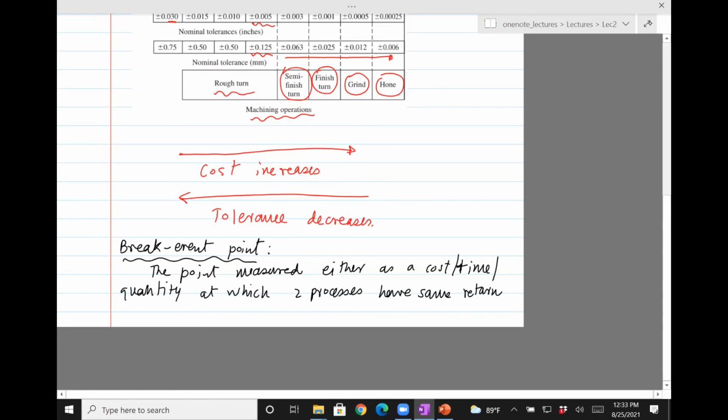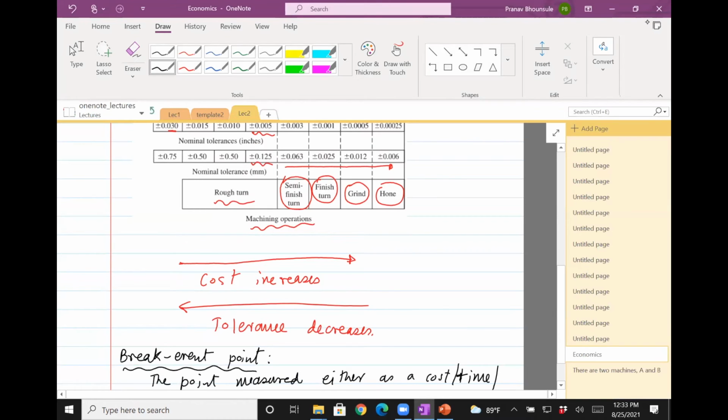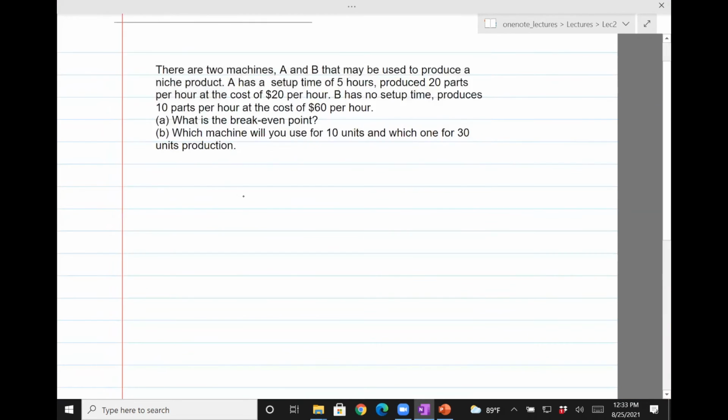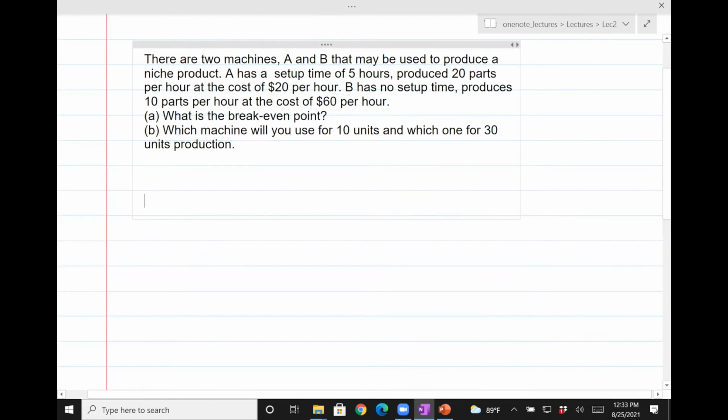So here, let's look at an example of a problem related to break-even point. Okay, so there are two machines, A and B, that will be used to produce a niche product. A has a setup time of 5 hours, produces 20 parts per hour at the cost of $20 per hour. Let's just write that down.